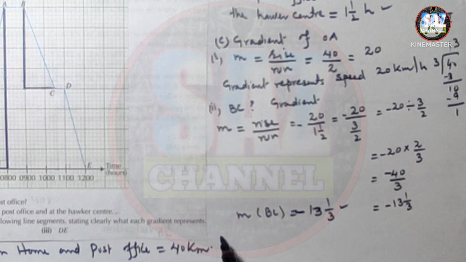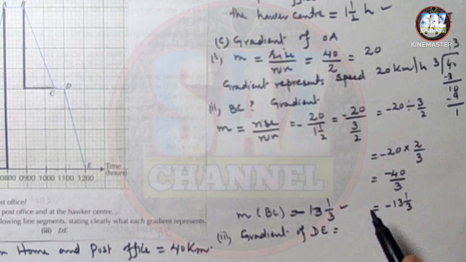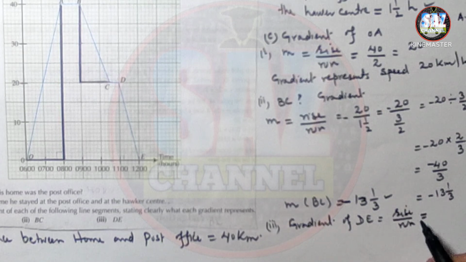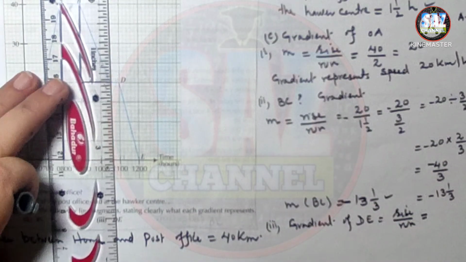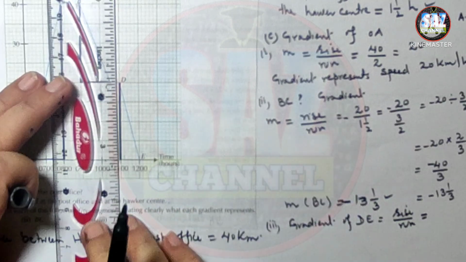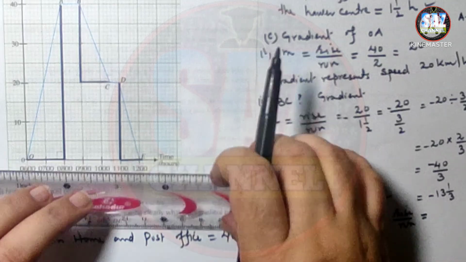And then the third one, gradient of DE. We have to apply the same technique, the ratio of rise to run, completing a right angle triangle. On the rise side, how many blocks are coming?